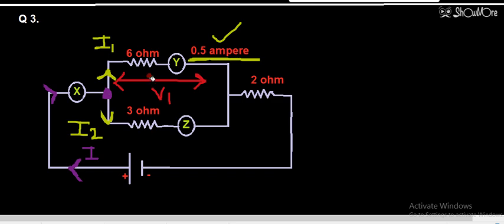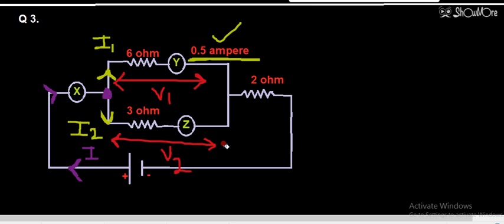Let's write it as V1. If V1 is the voltage drop across 6 ohm, and V2 is the voltage drop across this 3 ohm, then the values of V1 and V2 will be the same. The same voltage drops in parallel combination.